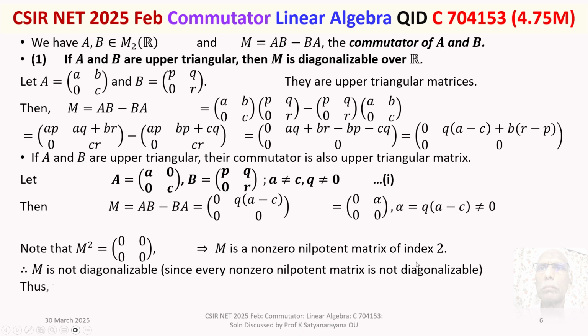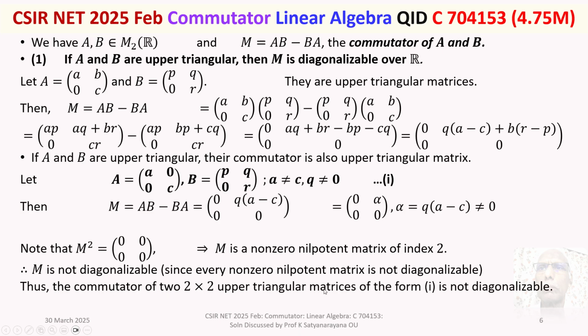So what we have proved is that the commutator of two by two upper triangular matrices of the form given in 1 here is not diagonalizable. Therefore, option 1 is not true.